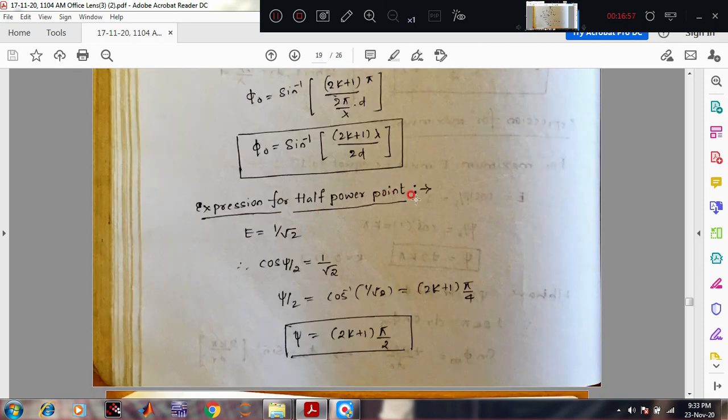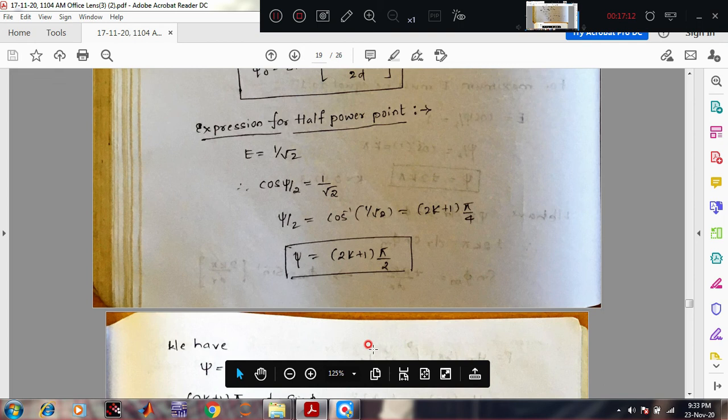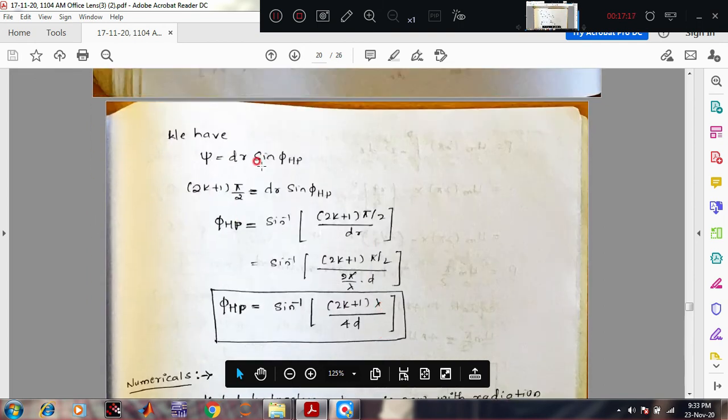Now the expression for half power point. We know that half power point is given when that quantity is equated to 1 by root 2: cos psi by 2 equals 1 by root 2, so psi by 2 equals cos inverse of 1 by root 2, which is (2k plus 1) pi by 4. Therefore psi is (2k plus 1) pi by 2. So psi is equal to dr sin phi hp, the half power point.